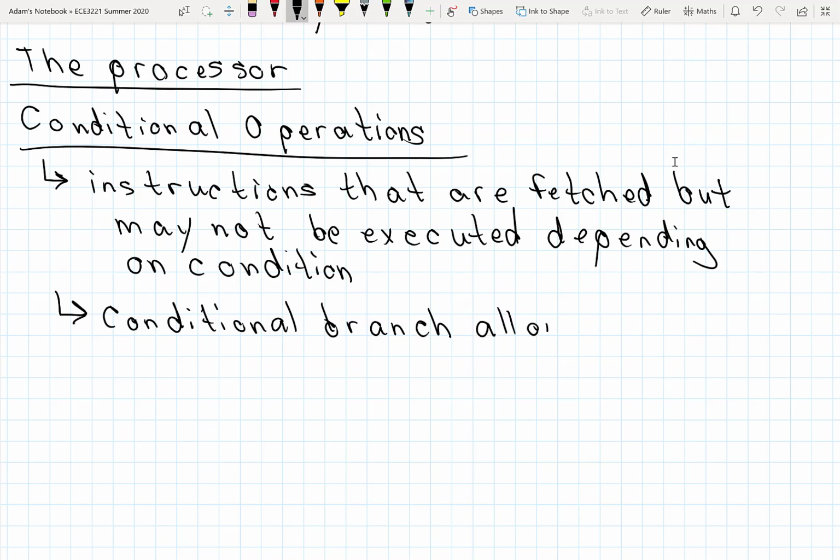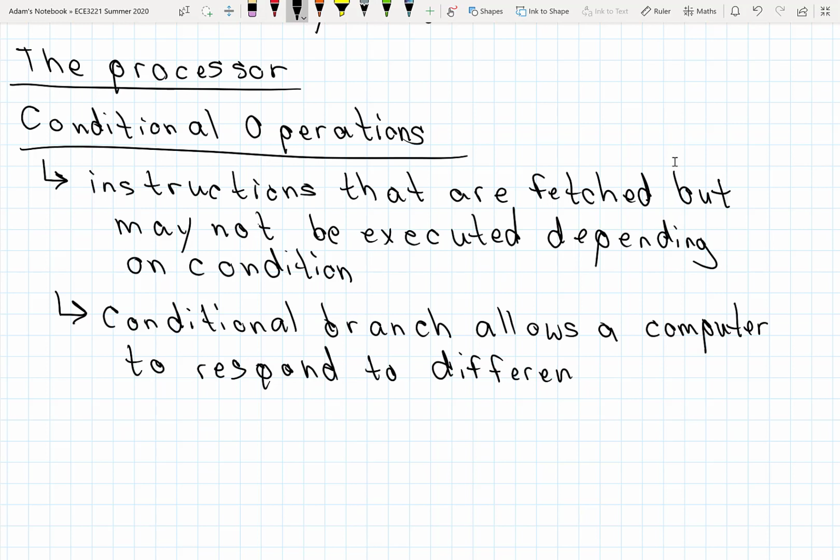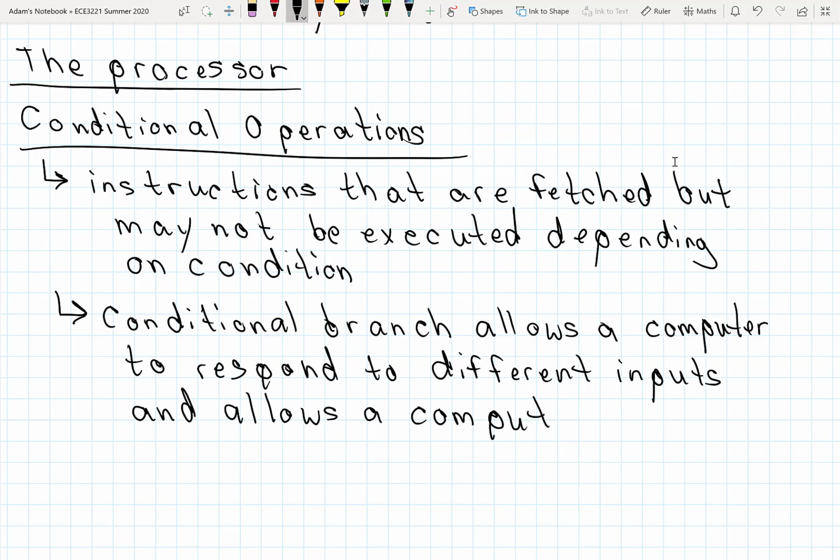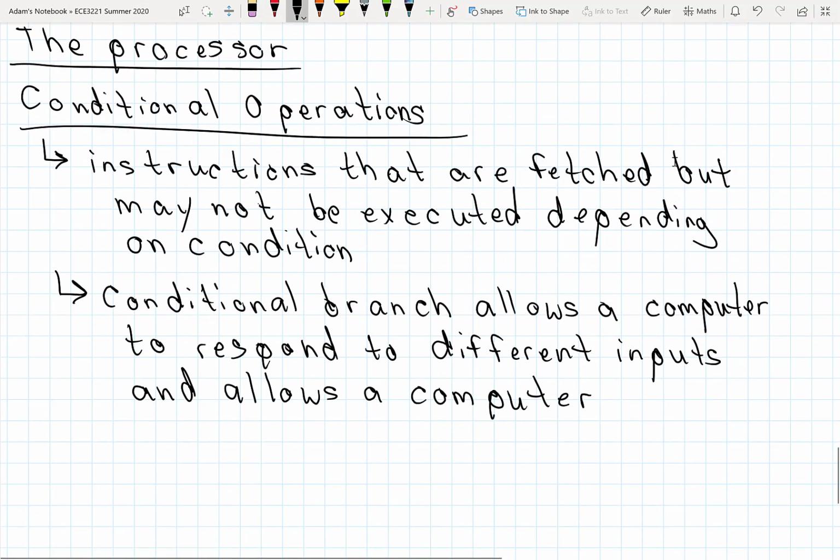So a conditional branch allows a computer to respond to different inputs, whether those inputs are just data from memory or inputs from an I/O port, and allows a computer program to behave differently according to the outcomes of that operation.